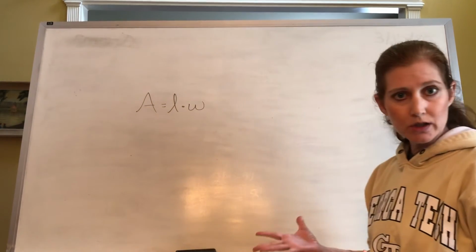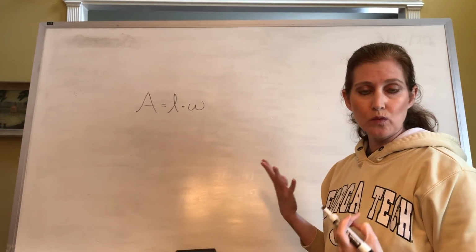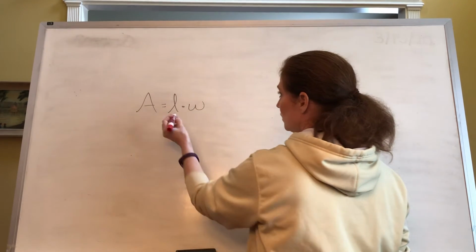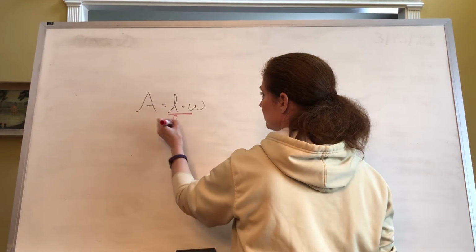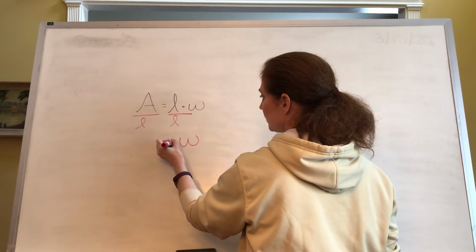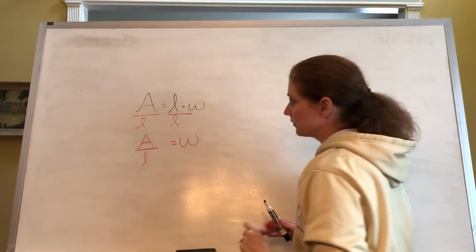And so if we wanted to just use this equation and find what width is, then we would divide both sides by the length to get width all by itself. And so width is area over the length.